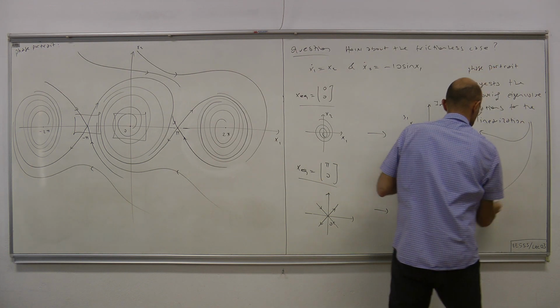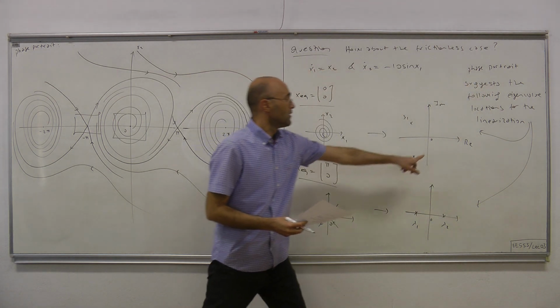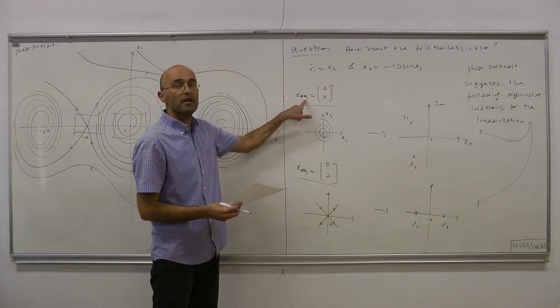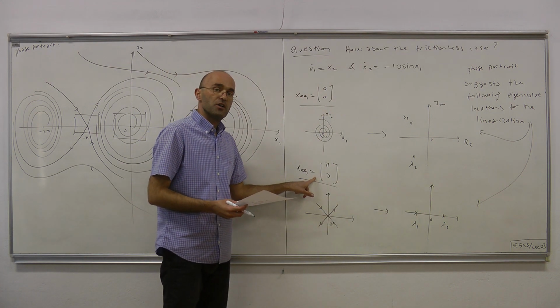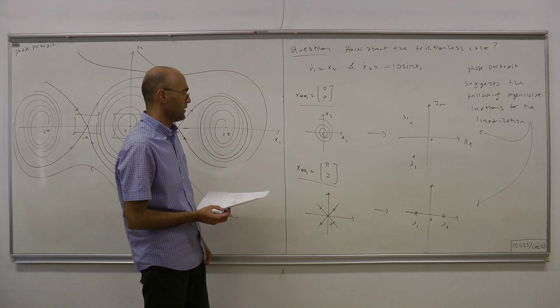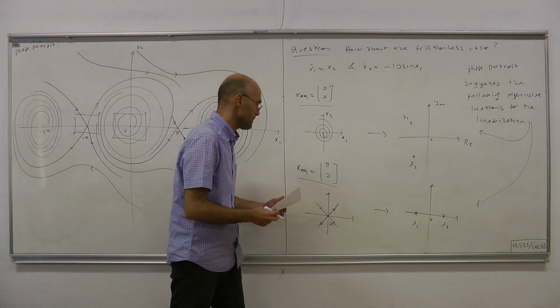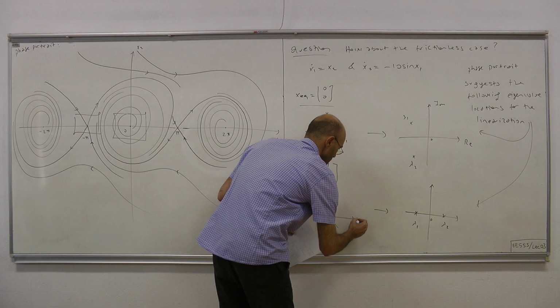Okay, one of them is this, and the other is that. This corresponds to the linearization for the stable equilibrium point, and this eigenvalue location corresponds to the linearization around the unstable equilibrium point. Okay. x2, x1.